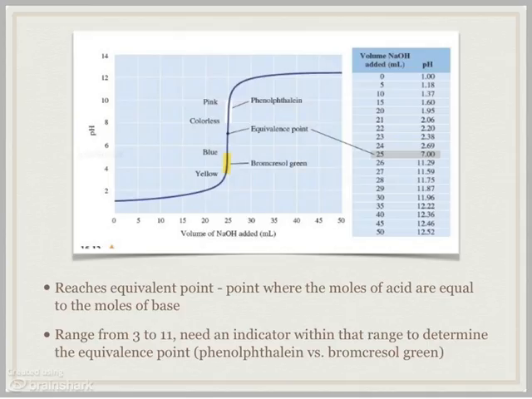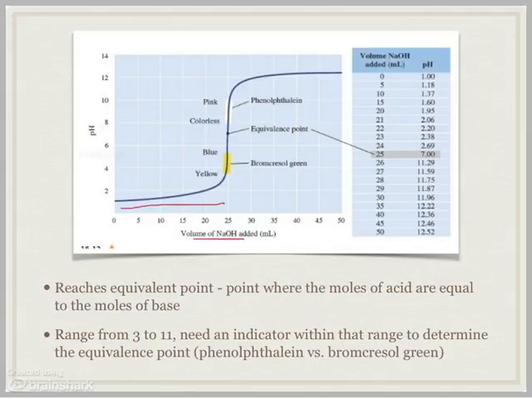So here's an example of a titration curve. If you look at this closely, you'll see that at the very beginning, you're seeing a gradual increase in pH as you're adding more and more, in this case, NaOH. So as you're adding more and more NaOH, you're seeing a very slight increase in pH.